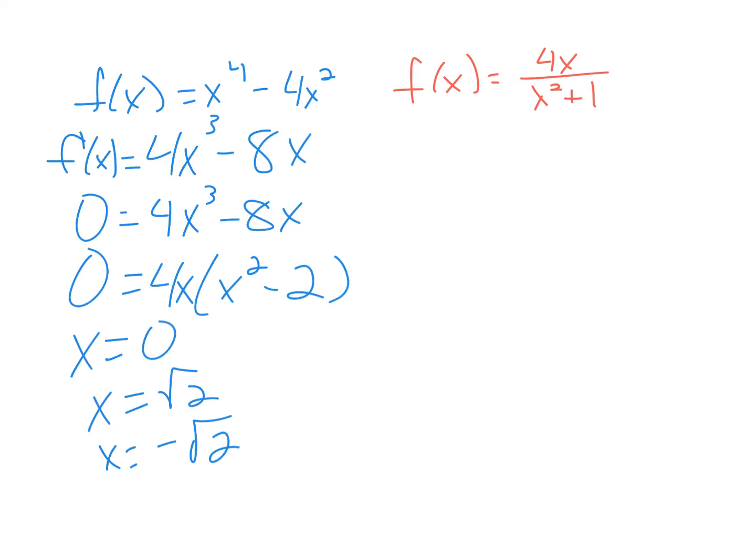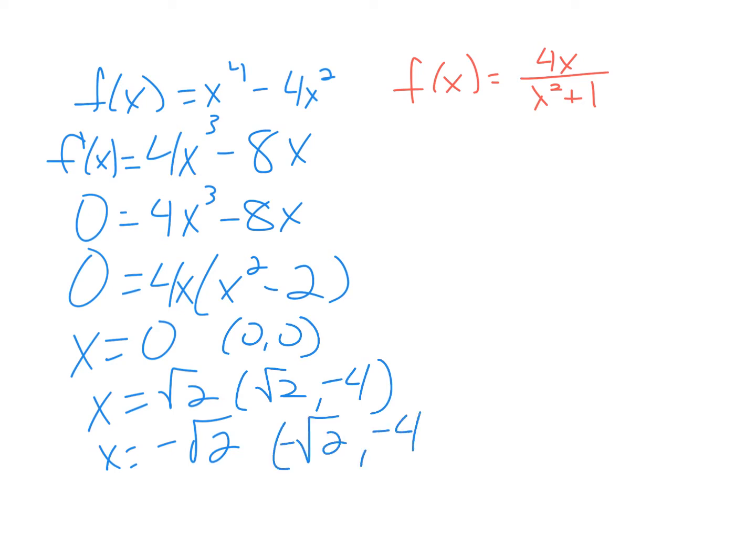And to find the y value at those points, plug them into the original equation, not this one. Back to the original, because we want to find what the output would be. The output would be 0 for the first one. For the second one, we put root 2 in, you'll get negative 4. You put negative root 2 in, you'll also get negative 4 as well.